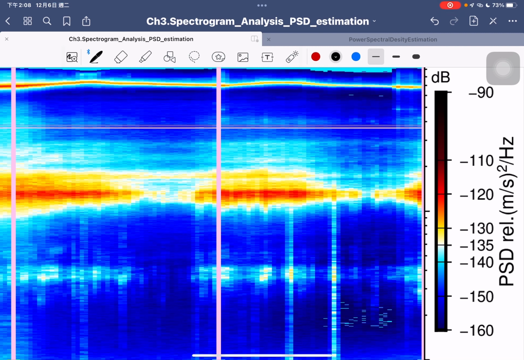So that depends on your input data. If my input data is velocity, after I compute the power spectrum density, the unit is the input unit squared per hertz.